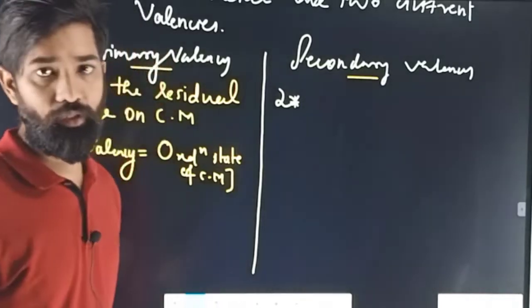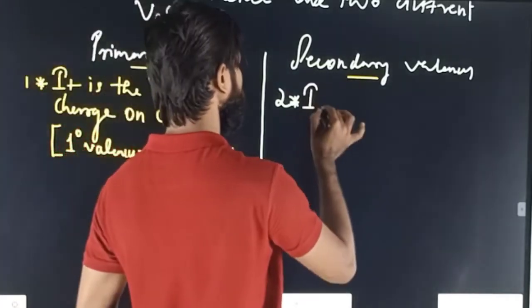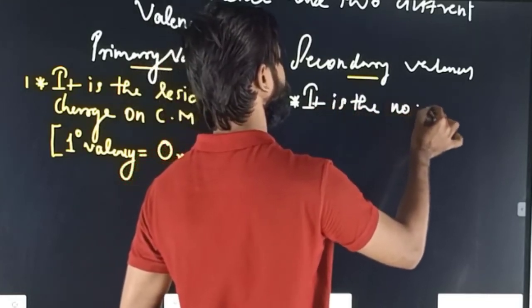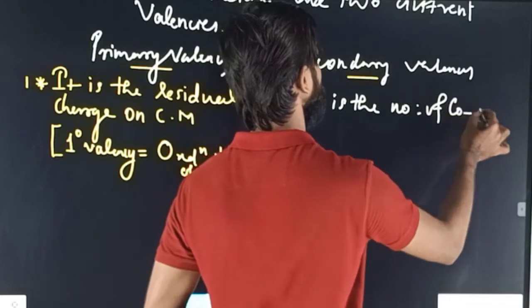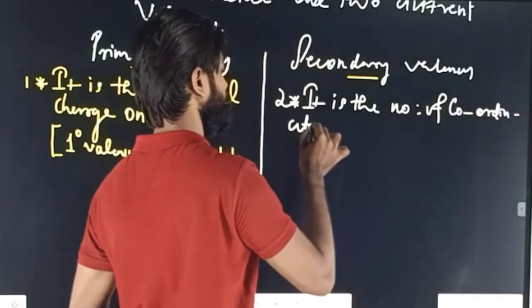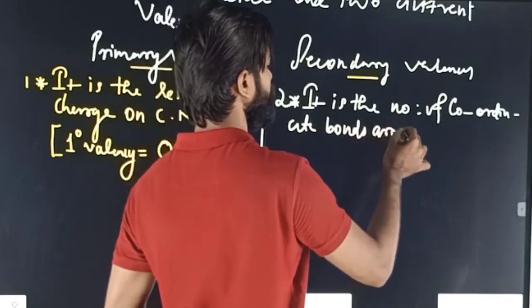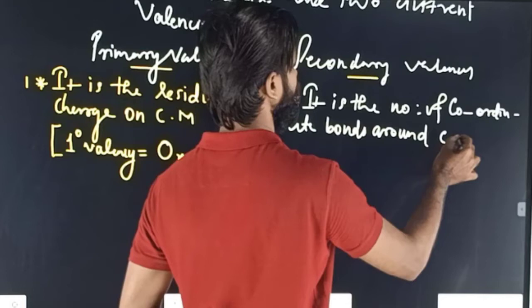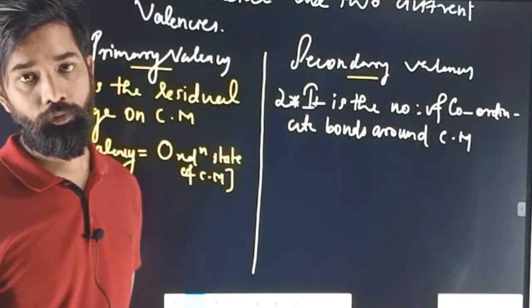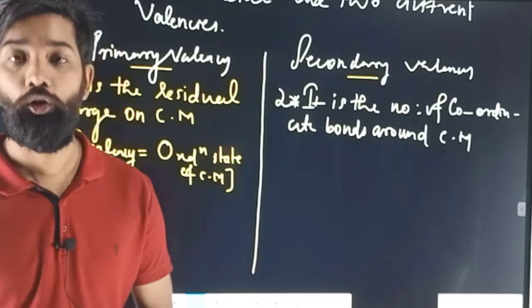Secondary valency is the number of coordinate bonds around the central atom. We know that the total number of coordinate bonds around the central metal is the coordination number.